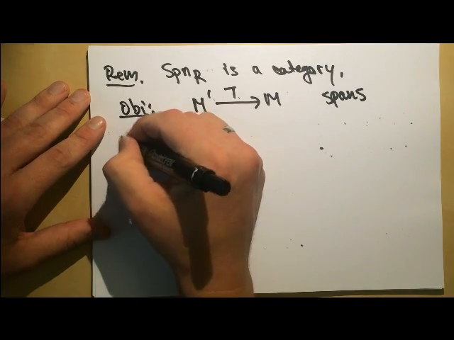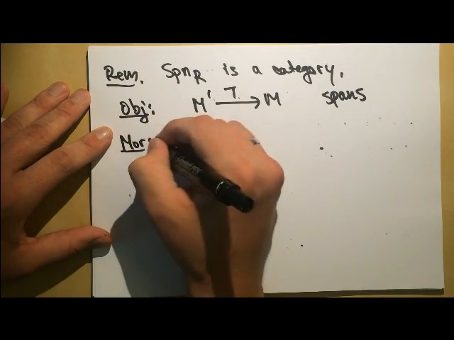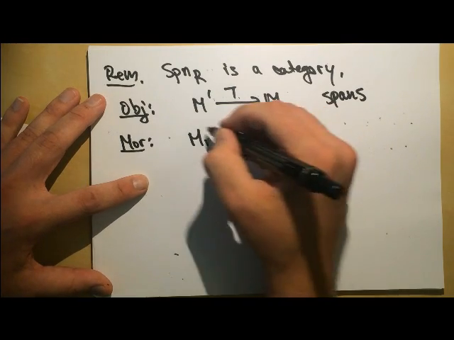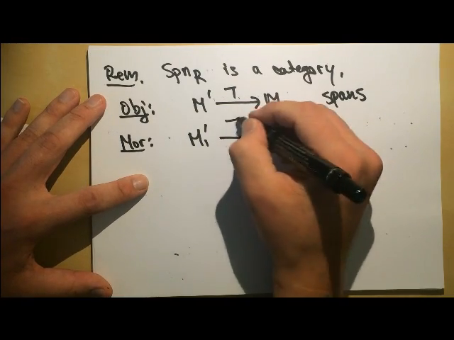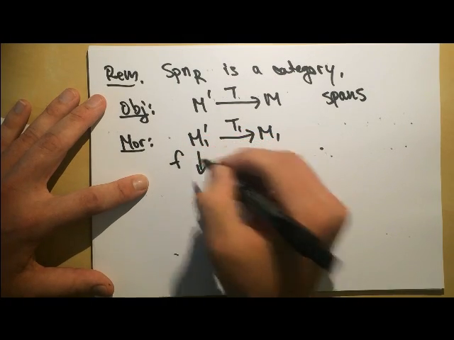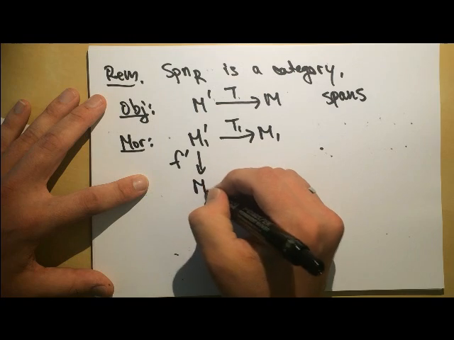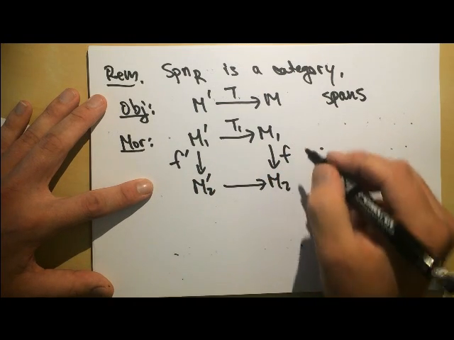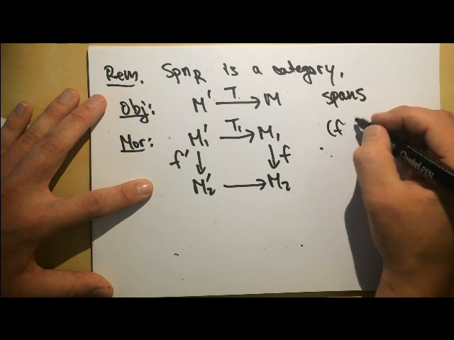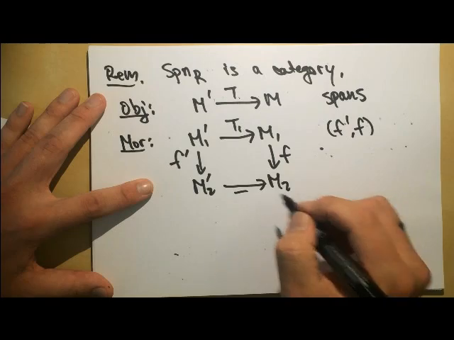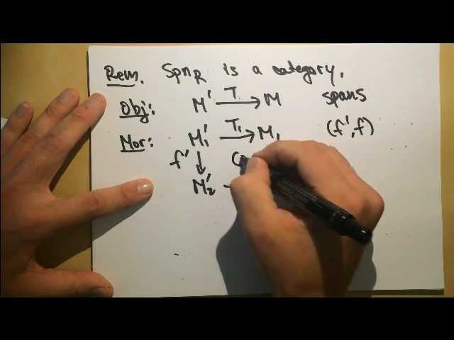And morphisms are going to be pairs, M1' to M1, T1, and M2' to M2, let's call these F' and F. So the morphisms are going to be these pairs of F' and F, where we have this diagram that's going to commute.